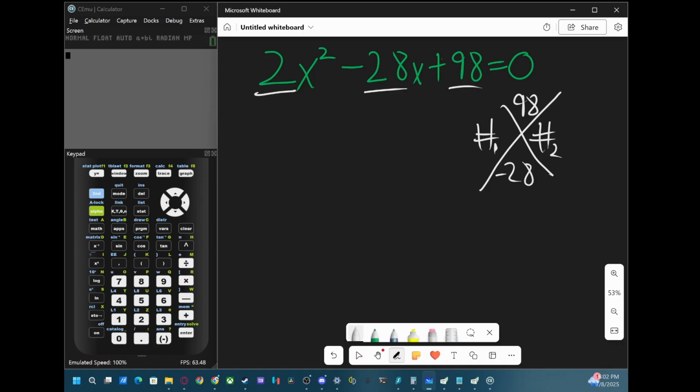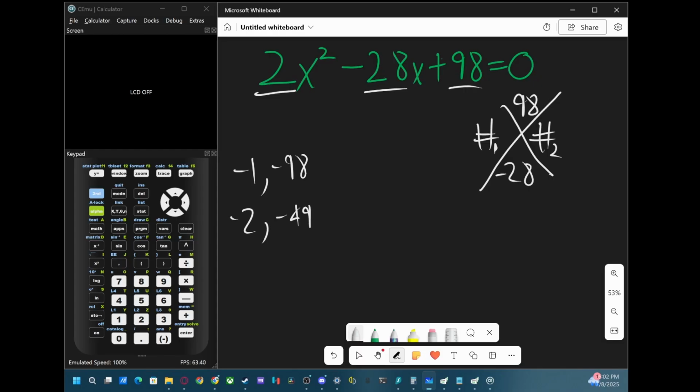So let's list the factors of 98. I'll give a second for y'all to do it. All right. Negative 1, negative 98. Negative 2 and negative 49.